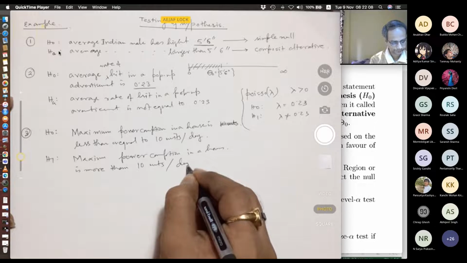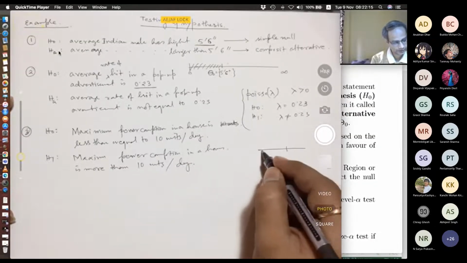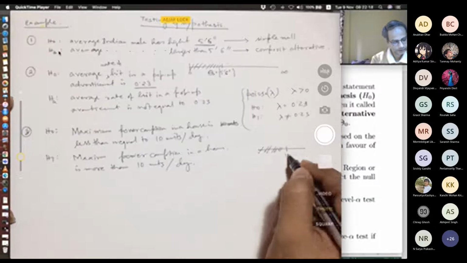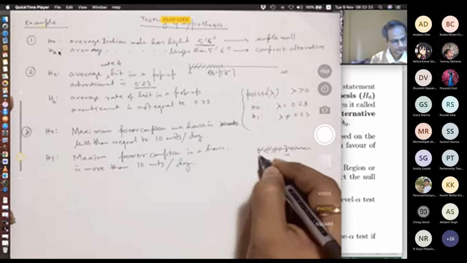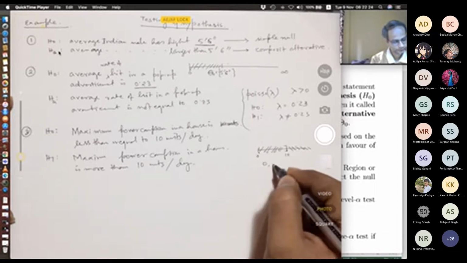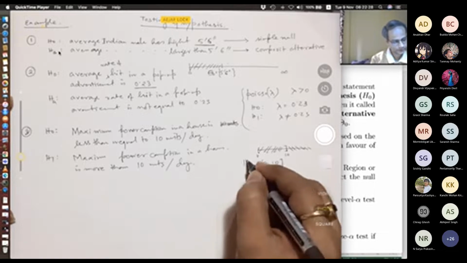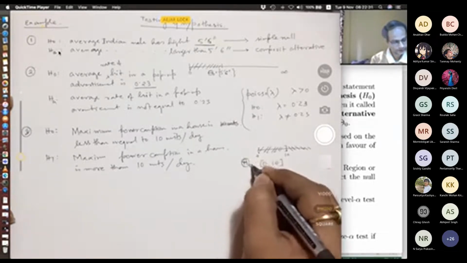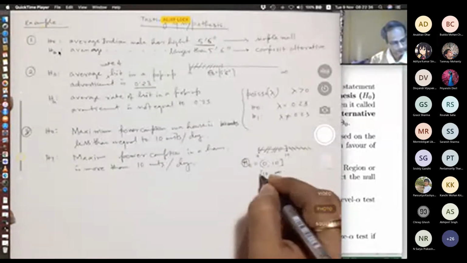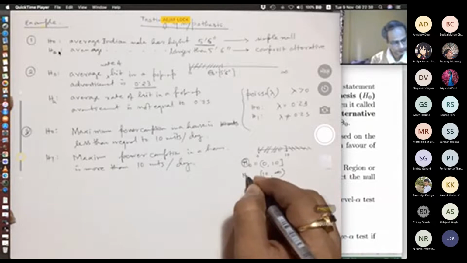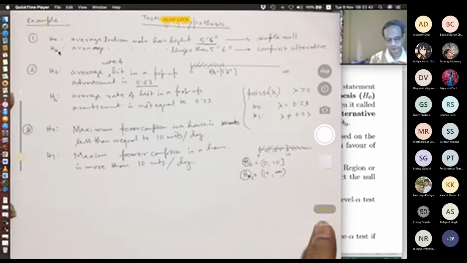So here both are composite, less than or equal to 10 and greater than or equal to 10. So 0 to 10 is specified by the null hypothesis, and 10 to infinity is specified by the alternative. So their union is the whole space.